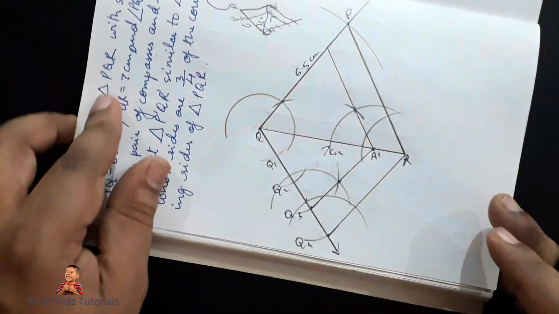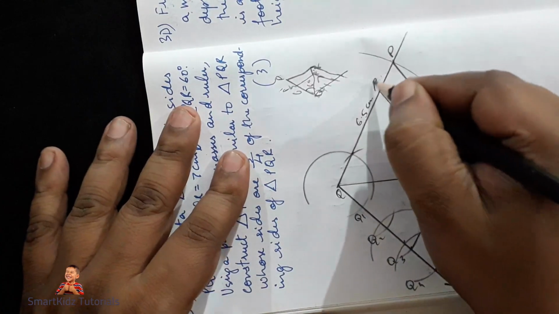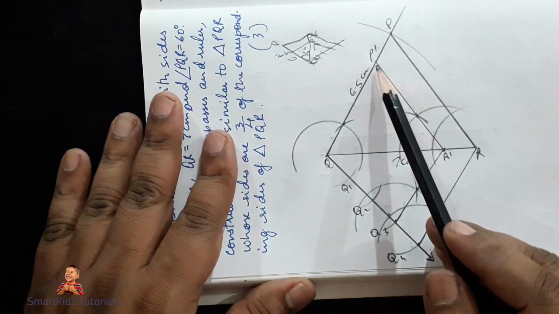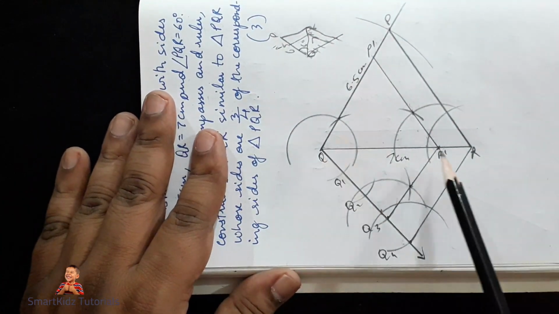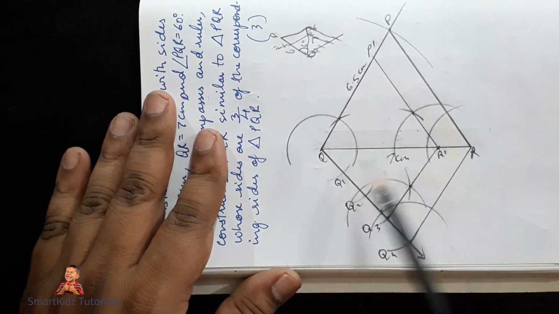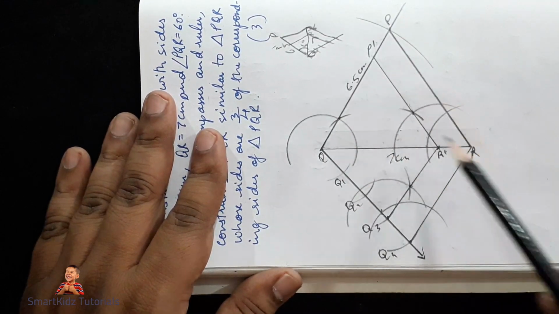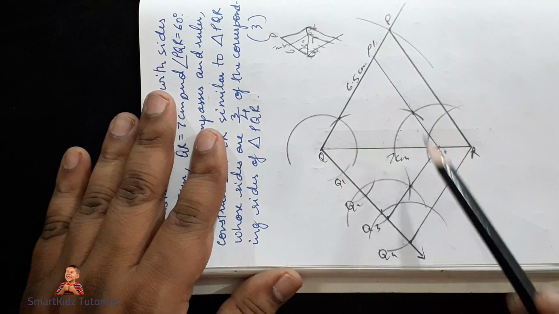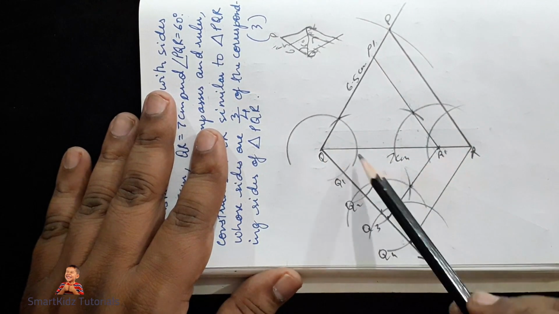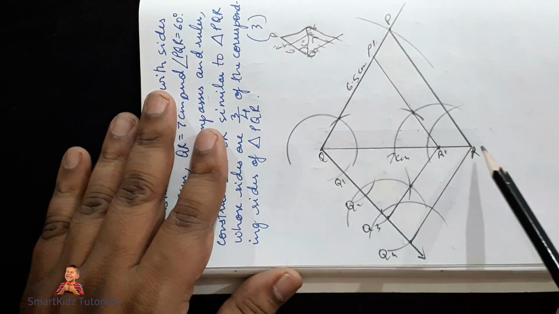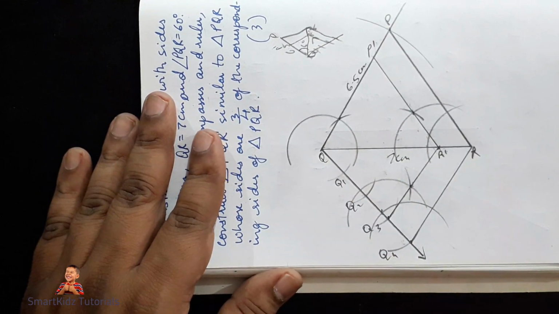Here. And I'll mark this as P dash. So we've got a new triangle P dash Q R dash. You see, lines are parallel, and we've got a new triangle P dash Q R dash, which is similar to PQR, the original triangle. So this will be for 3 marks.